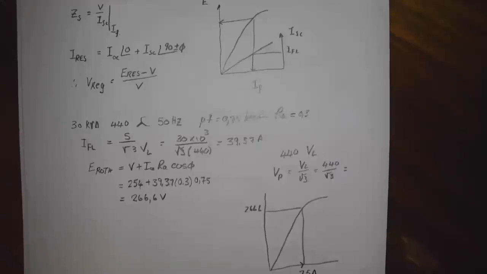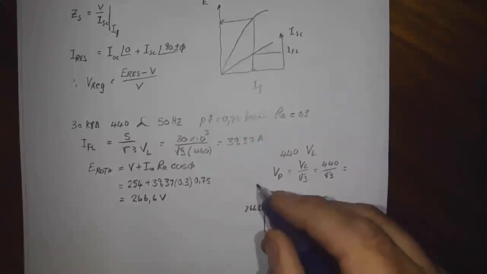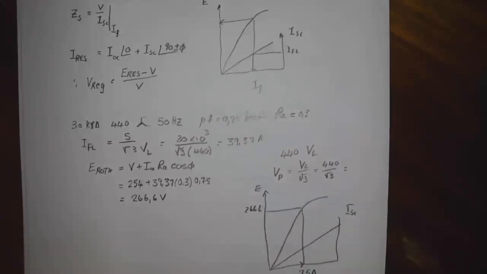And then if we draw our short circuit graph on that side, I short circuit, all right, that's the induced EMF, and this is the field current.